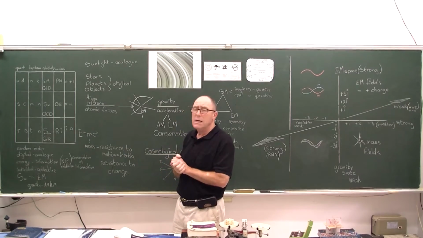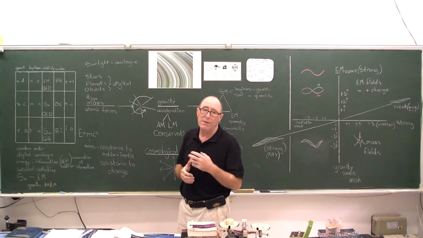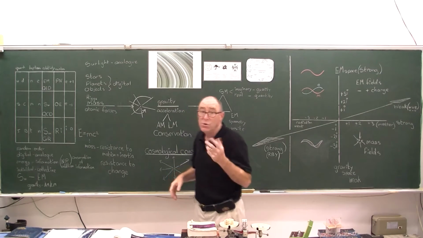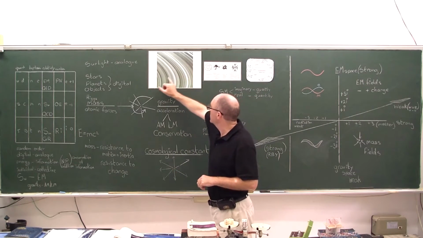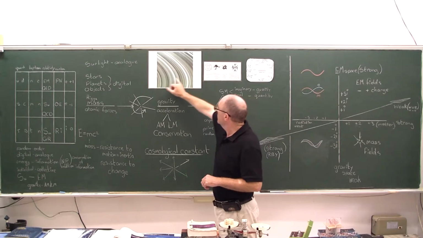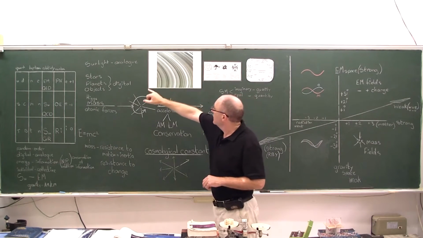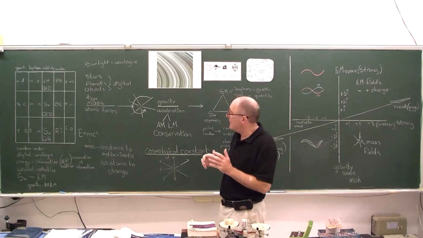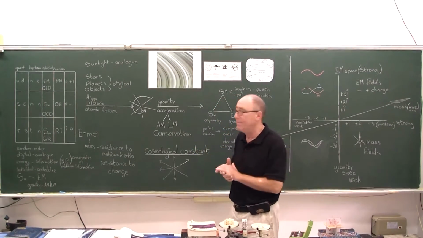Think of stars and planets as digital gravitational entities. It's the digital level. But I do also get analog, I get waves of gravity in between Saturn and its moons. But it's behaving digitally and as an analog system at the same time.